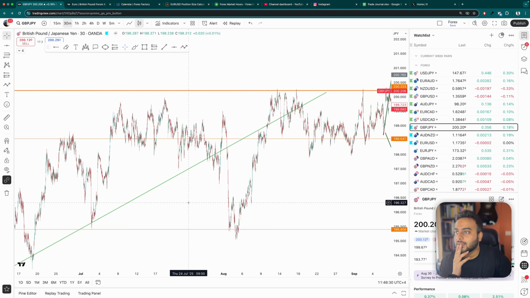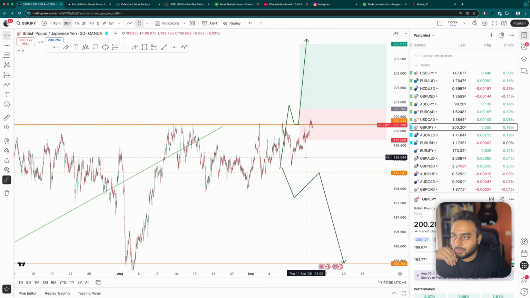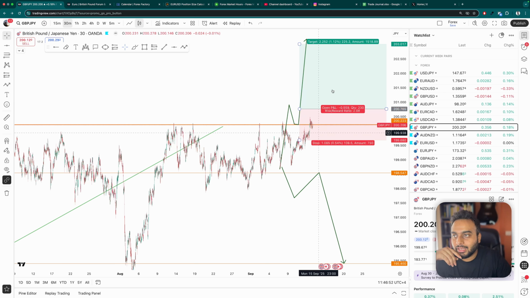What's happening here is called equal lows, and then a deeper retracement to push back further. And then what happens is it breaks out, retests the level, and then goes up.